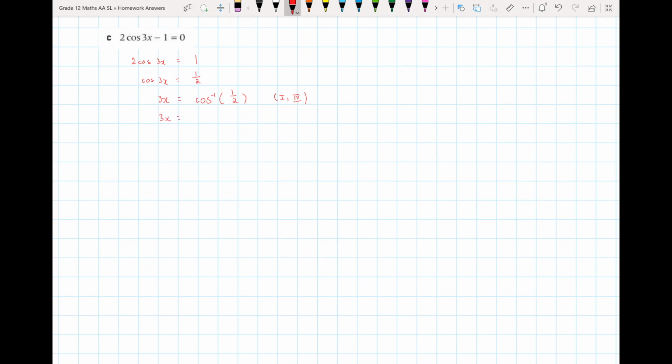And cosine is 1/2 when it is 60 degrees. The other angle will be 360 minus 60, so 300. Original period is 360 degrees. Dividing everything by 2, the new period will be 120 degrees.